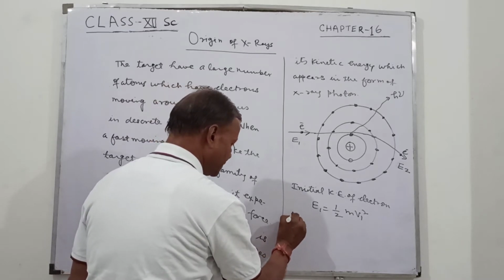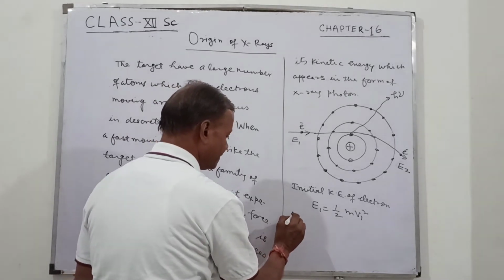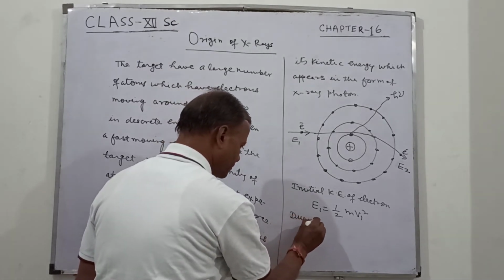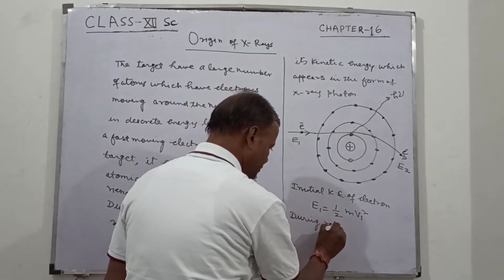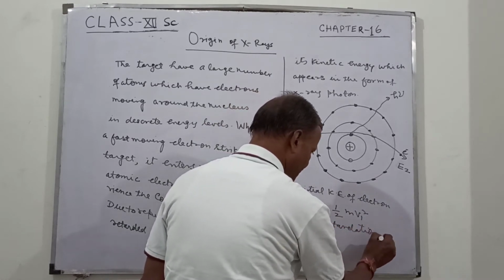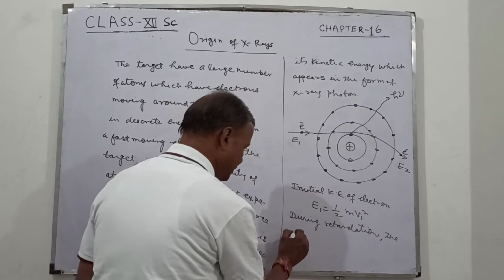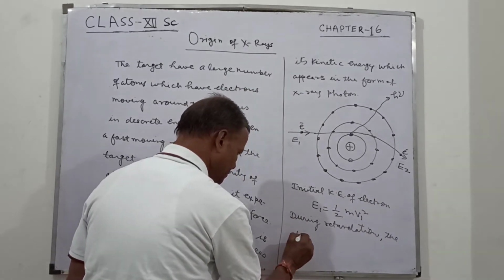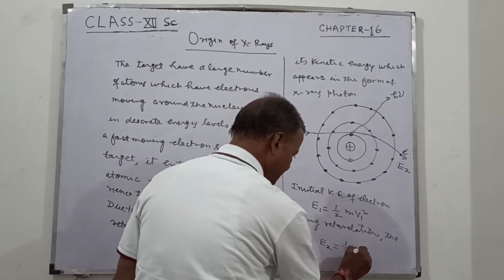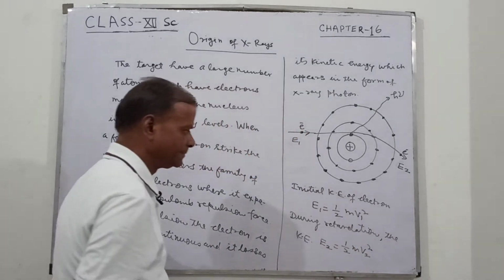After retardation, the kinetic energy E2 is equal to half m v2 square.